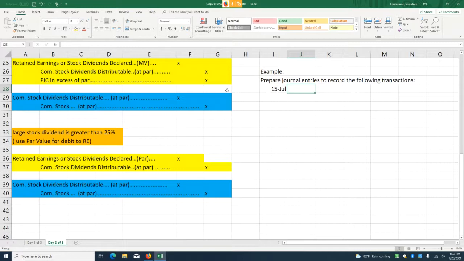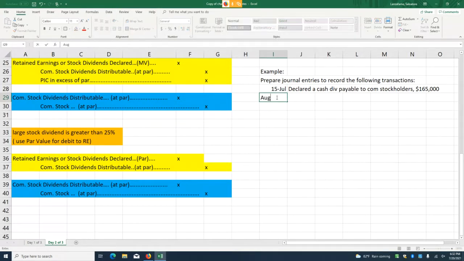On July 15th, it says declared a cash dividend payable to common stockholders of $165,000. And then the next one, we got August 15th.